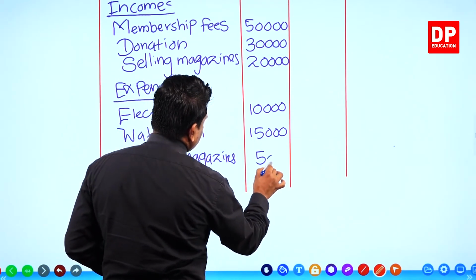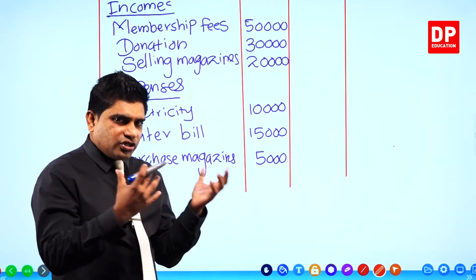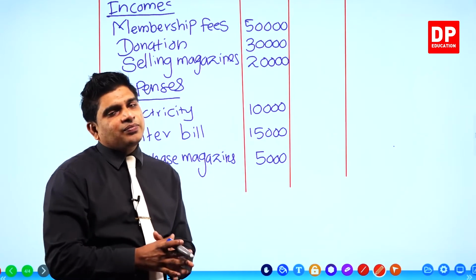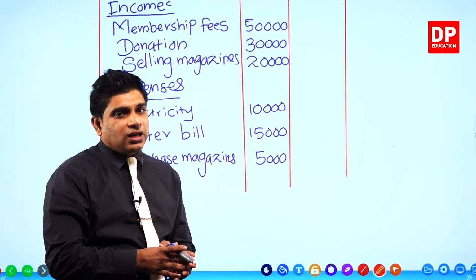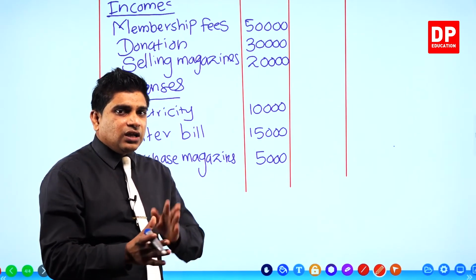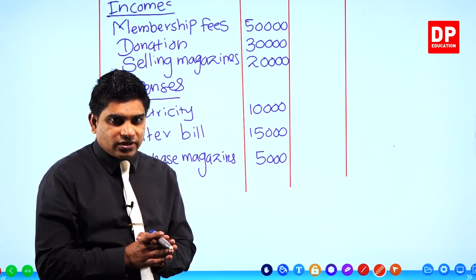Remember, these are only the expenses. This is an example activity. When you watch this video, you can understand the income statement format. This is the way we have to do the question. After that, I'll give more activities including the textbook.